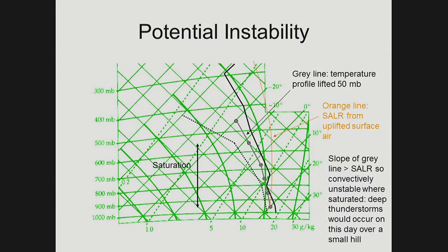This is the saturated adiabatic from the surface, for example, and straight away the thing goes unstable. So you would expect to see on this day thunderstorms kicked off by flowing over the hills. Just a little bit of uplift would be enough on that day to give you thunderstorms over a small hill.